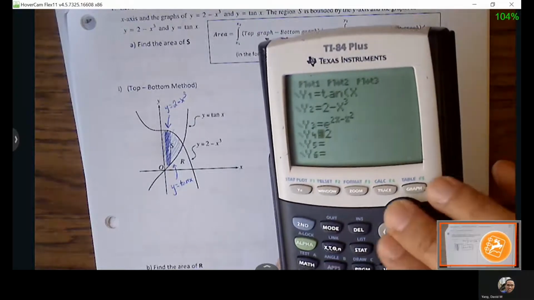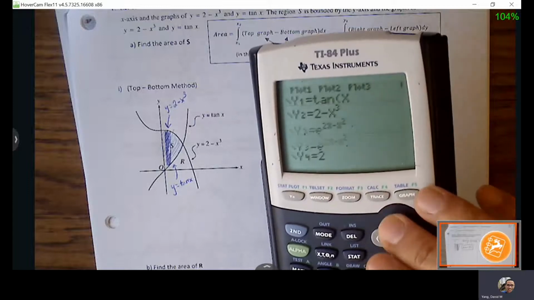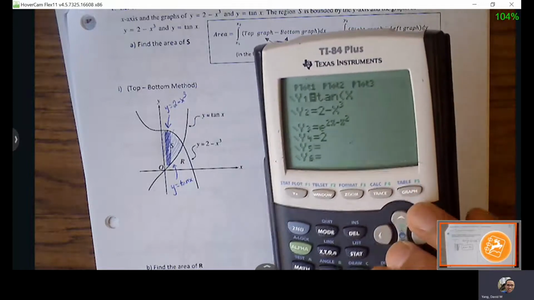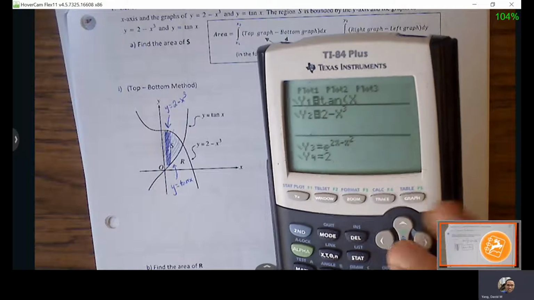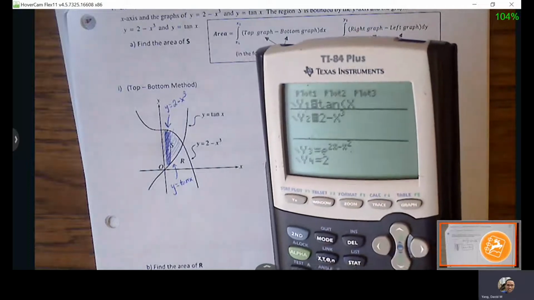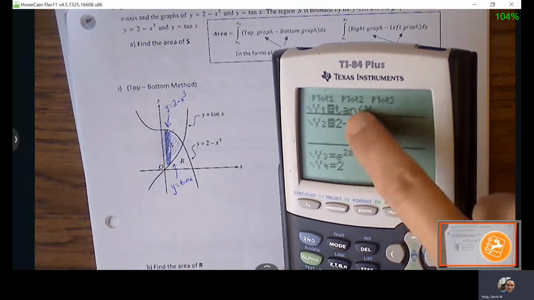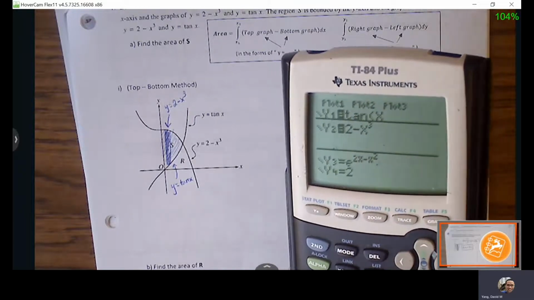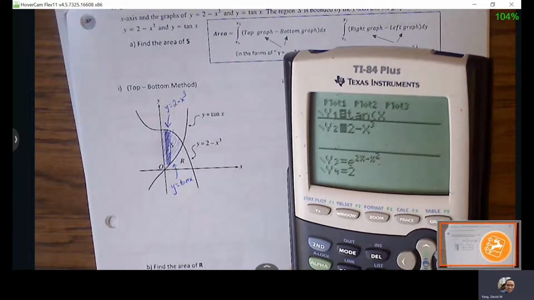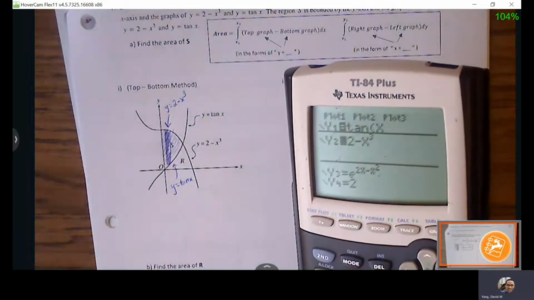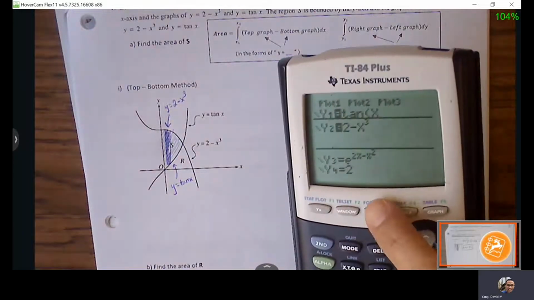Under y1 and y2, I have tangent x and 2 minus x cubed. It doesn't matter which one you put first. Make sure that you are in radian mode. We're dealing with trig here, and we're pretty much always going to be in radian mode. We're hardly ever going to be in degree mode. Any questions so far?